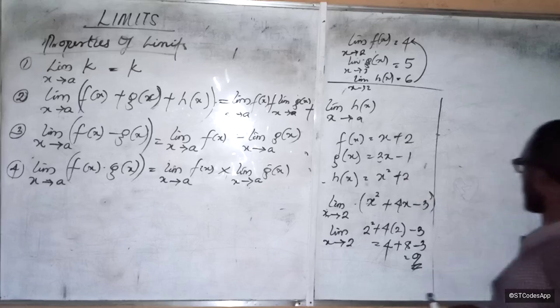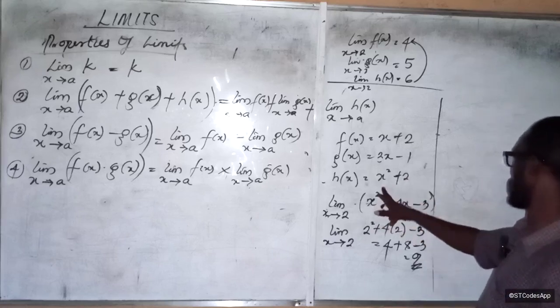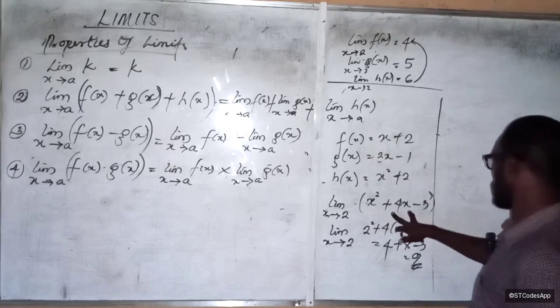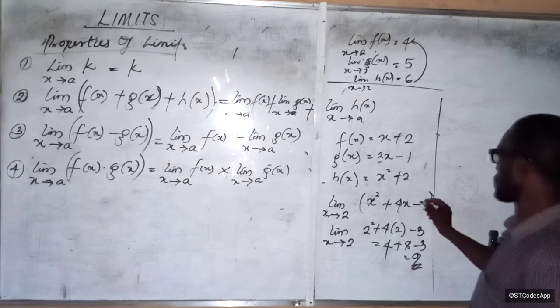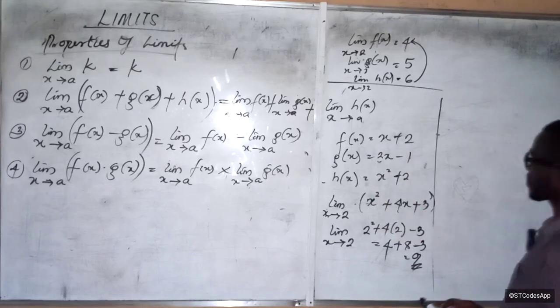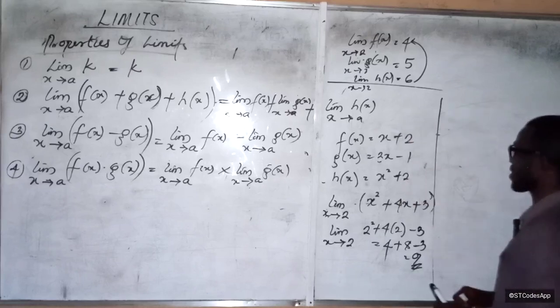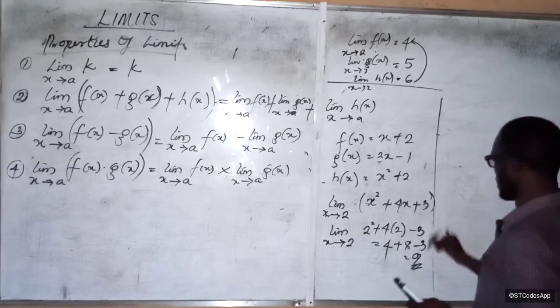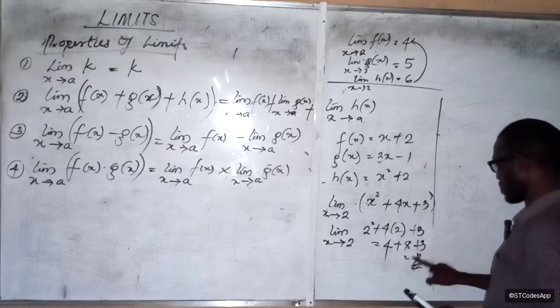Let's verify this again. The limit is x squared plus this, no, that's supposed to be plus, as in 2 plus 2, or 2 minus 1, 1 plus this is 3, so 12 plus 3 is 15.